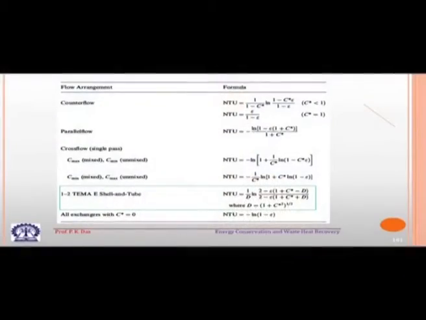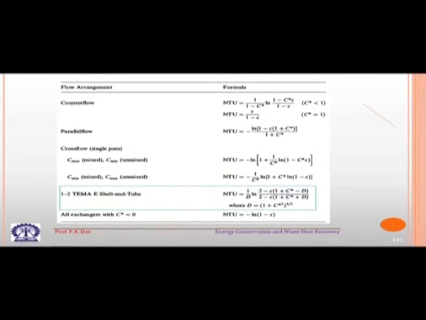There could be a chart where effectiveness and C star values are given, and from there one can calculate NTU. And in certain cases there could be some formula or correlation given. From there, knowing effectiveness and C star for a typical heat exchanger, we can calculate NTU. So, both these have been shown.